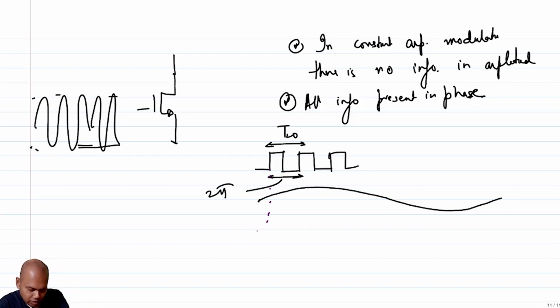Which means that if I do modulation here, how should I think about what the square wave will look like? Let's assume the first edge doesn't move, and around the second edge you have a peak of the baseband. Let's say this is baseband, this is RF.